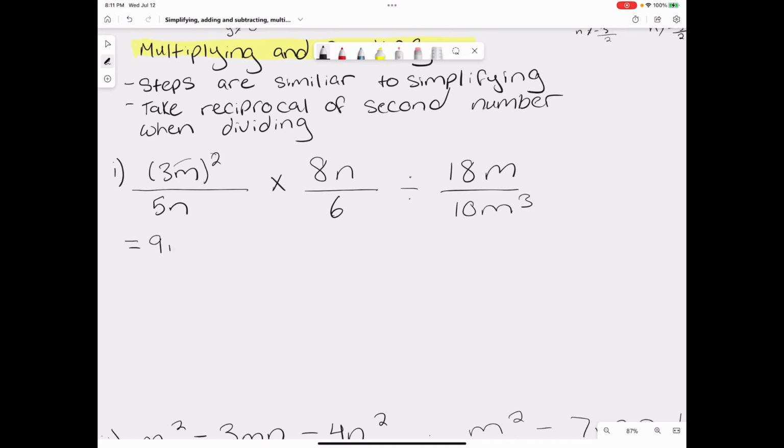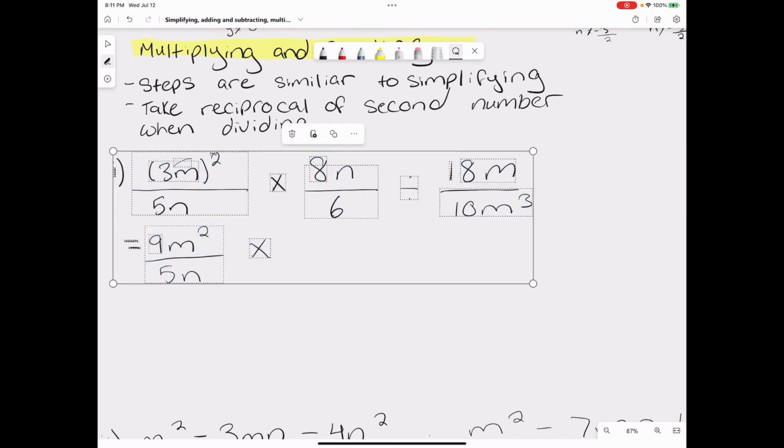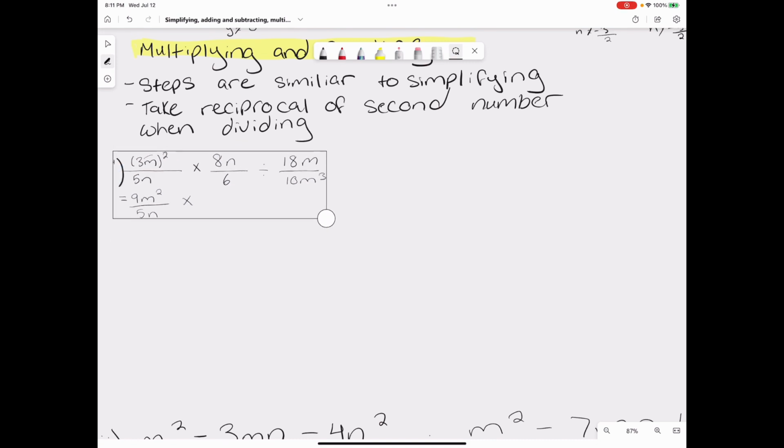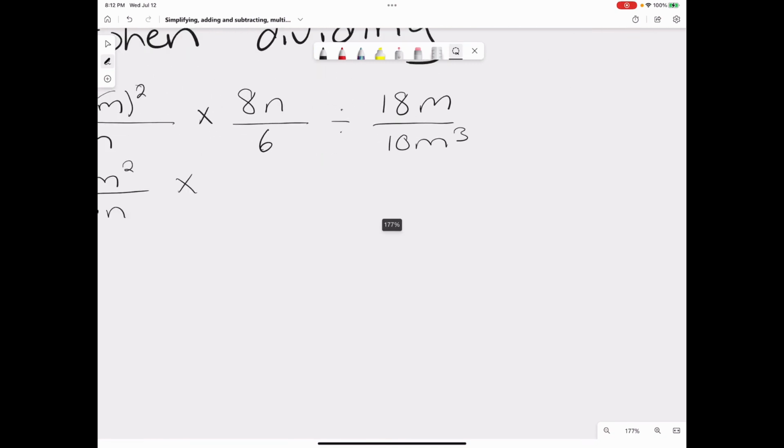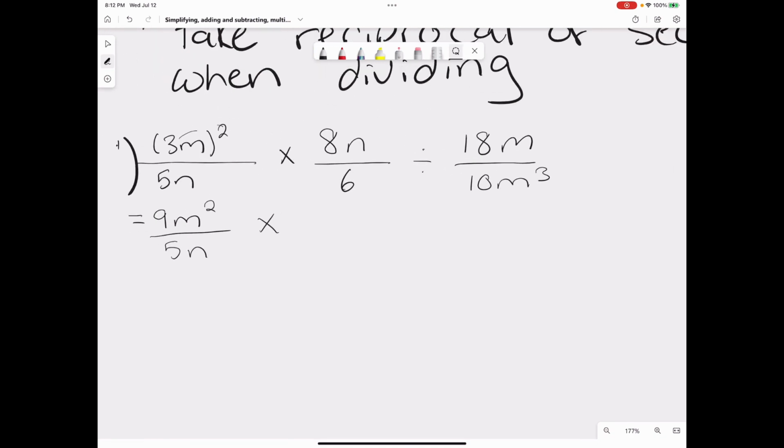So it becomes 9m squared over 5n times, over 6 divided by 10 m to the power of 3, 18m.